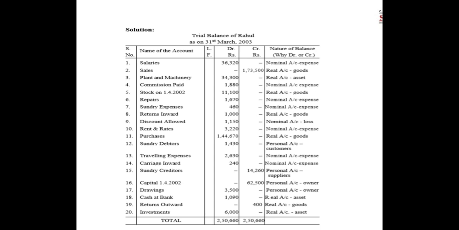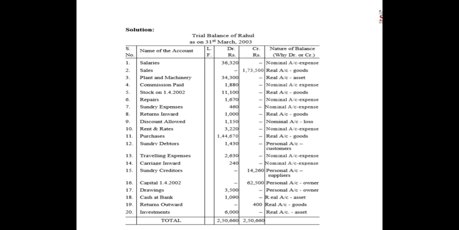Capital invested by the owner on 1st April 2002, when the business is initiated. At that very moment, the capital means the investment or the money invested by the businessman or the owner, here the owner is Rahul. It is the liability for the company, so you will write it in credit side.